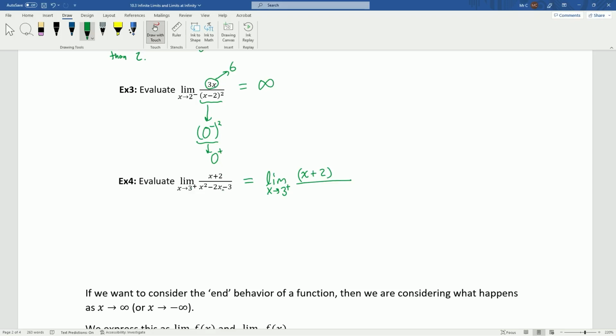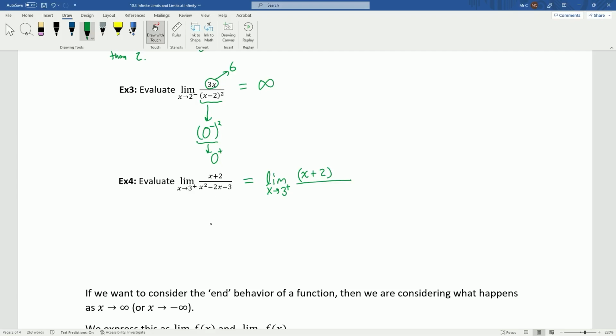If I plug in 3, I get 0 in the denominator. But it's hard to tell what the sign of the denominator is as is, right? If I say 3 from the right, I get 9 from the right minus 6 from the left, because I'm multiplying by negative 2. Minus 3, so which is it, from the right or left?